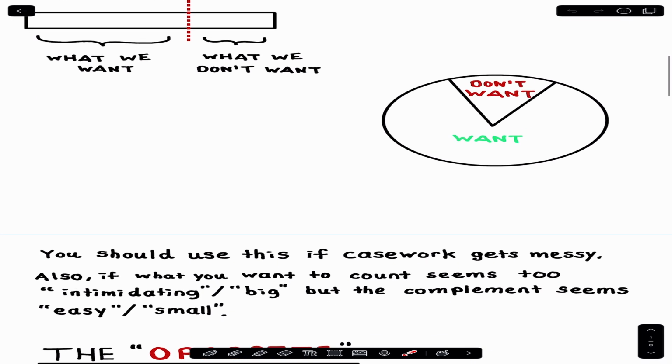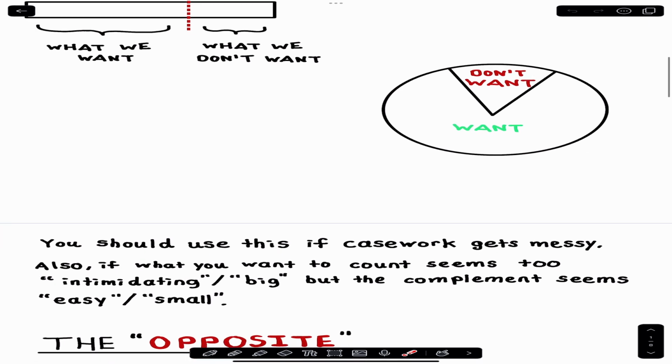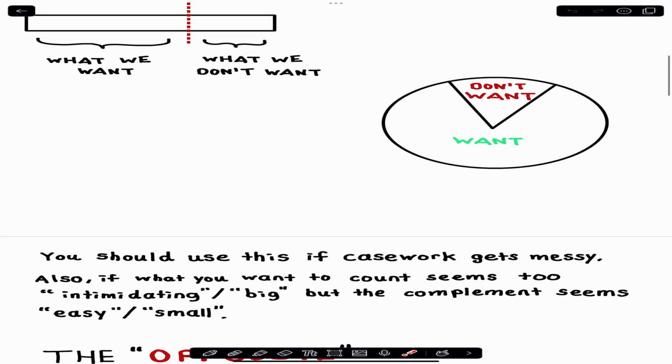Basically, if you find that your casework is getting a little bit messy, that would be your first cue to use complementary counting.